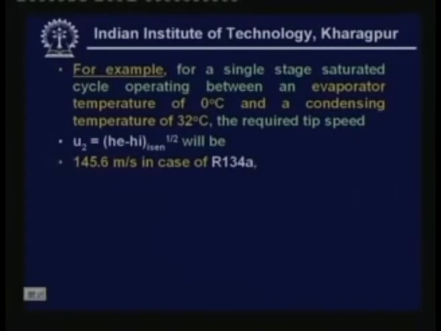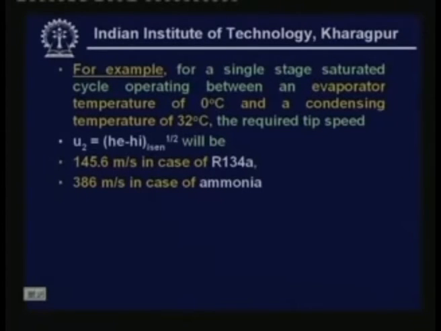You can find this out from the refrigerant property tables, and if you substitute these values, you find that the required tip speed will be 145.6 meter per second in case of R134A, and the required tip speed will be 386 meter per second in case of ammonia.